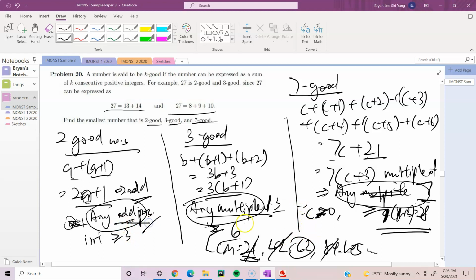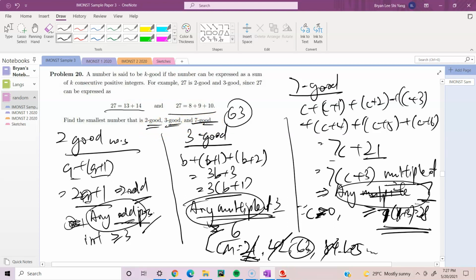Yes, it is an odd number. Yes, it is a multiple of 3 larger than 6. And yes, it is a multiple of 7 larger than 28. So 63 is the answer to problem 20. It is the smallest number that is 2 good, 3 good, and 7 good.